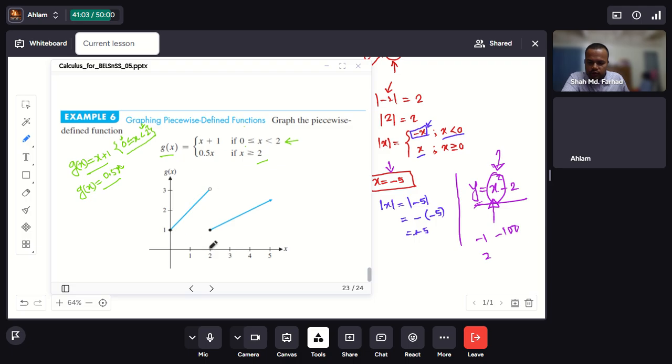Here, if you notice the circles, this circle is filled, but this one is empty. What does it mean? Empty means 2 is not included. 0 is included, that's why this circle is filled.